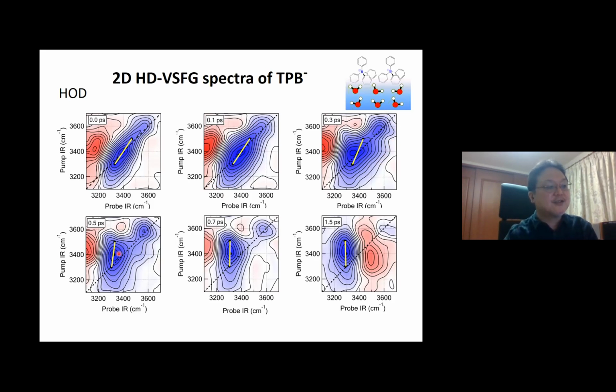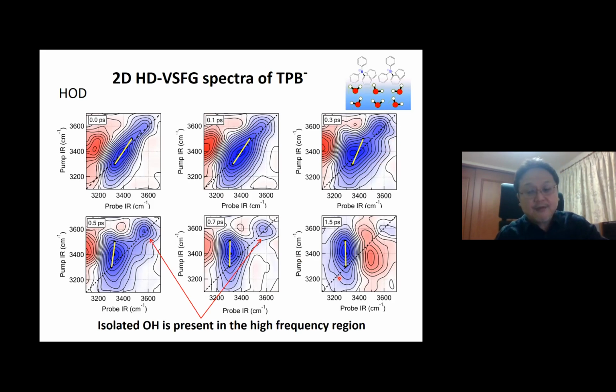You can see an isolated peak in the very high frequency region. So this 2D spectrum clearly shows the existence of an energetically isolated OH bond in the high frequency region in the case of the negatively charged TPB water interface.